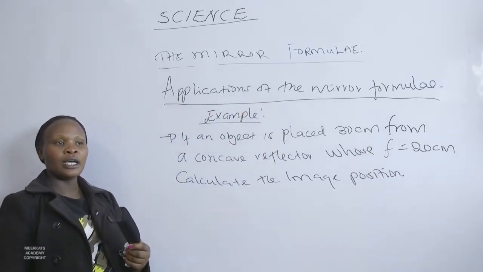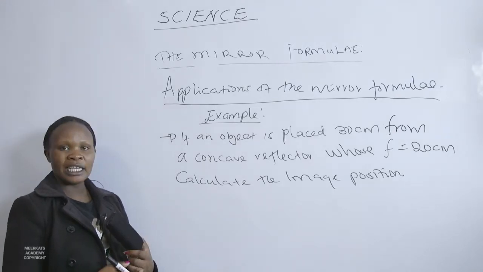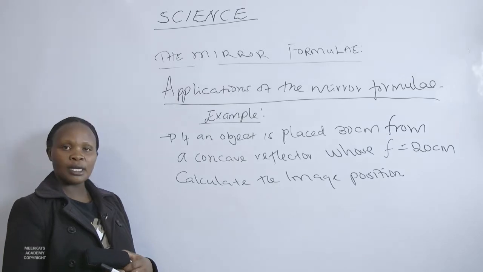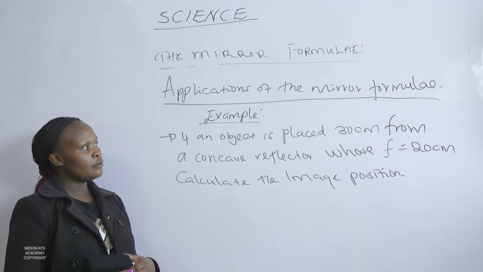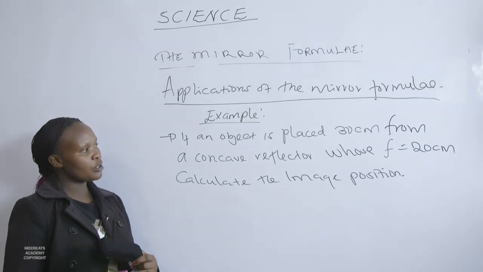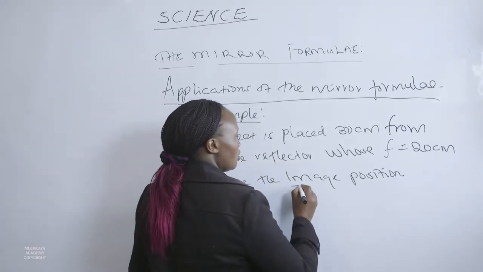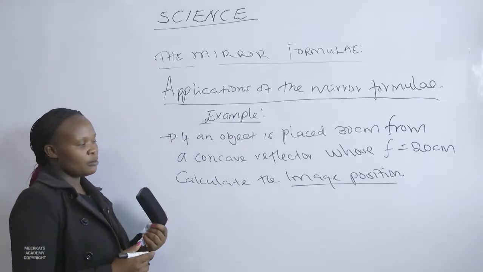That we have a concave reflector whose focal length is 20 centimeters, and we place an object 30 centimeters away from the mirror, then we are supposed to get the image position or the image distance from the mirror.